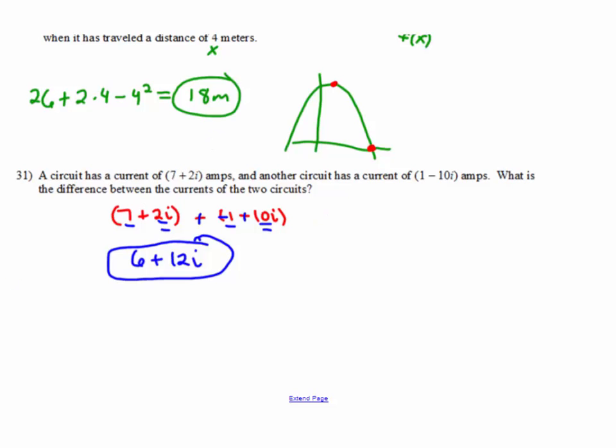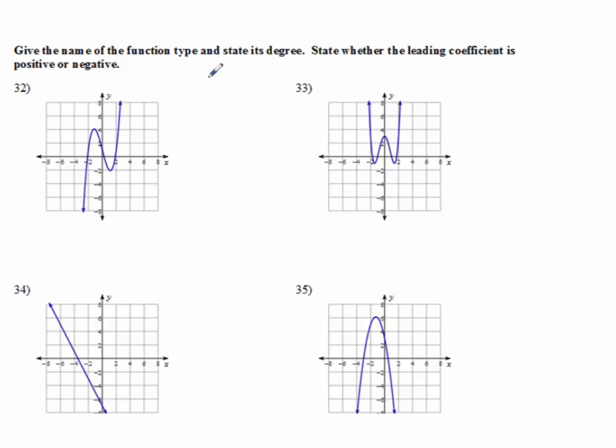And finally, give the name of the function type and state its degree. State whether the leading coefficient is positive or negative. So for the degree, you need to look at something like how many times it turns. Like this turns 2 times, which makes it a degree of 3, because it's always one more than how many times it turns. So third degree is cubic.